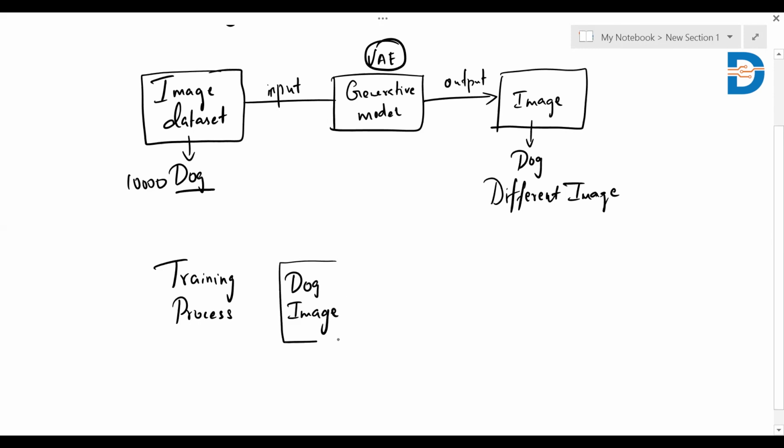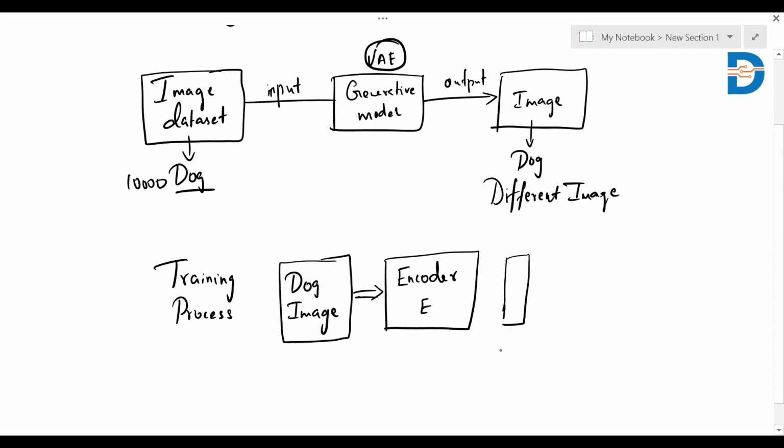I'll be giving this set of dog images into an encoder, let's say it is E. The encoder is going to give me a new numerical vector. The image is transformed into a numerical vector now. So this is the encoding process.